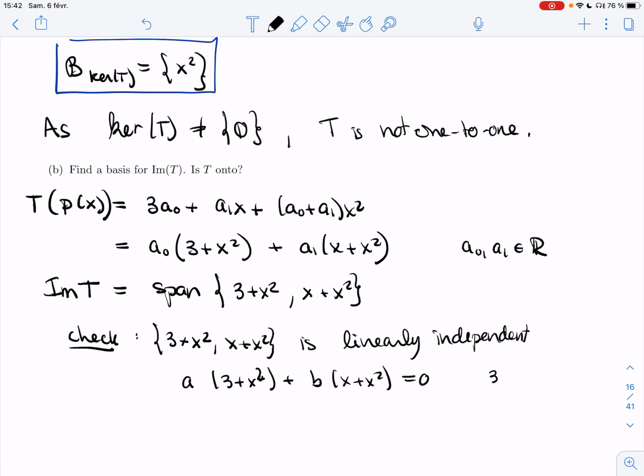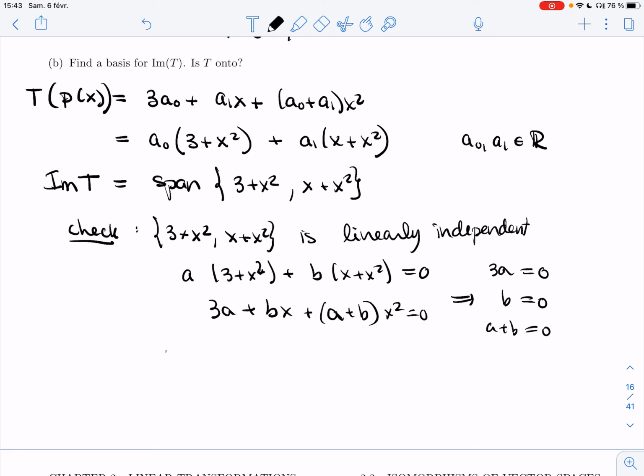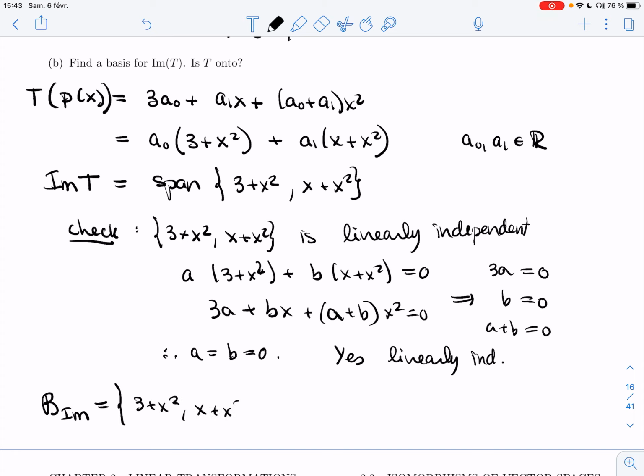I get 3a plus bx plus (a plus b)x squared equals 0. That means 3a is 0, b is 0, a plus b is 0, and so a equals b equals 0. So yes, it is linearly independent. All right, so our basis for the image is 3 plus x squared, x plus x squared.